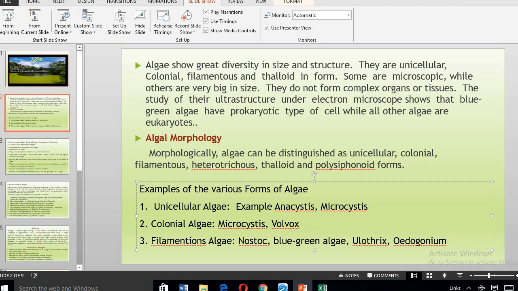Colonial algae, we have microcystis and volvox. Filamentous algae, that means algae that are made of filaments, we have nostoc, blue-green algae, Oscillatoria, and Oedogonium.